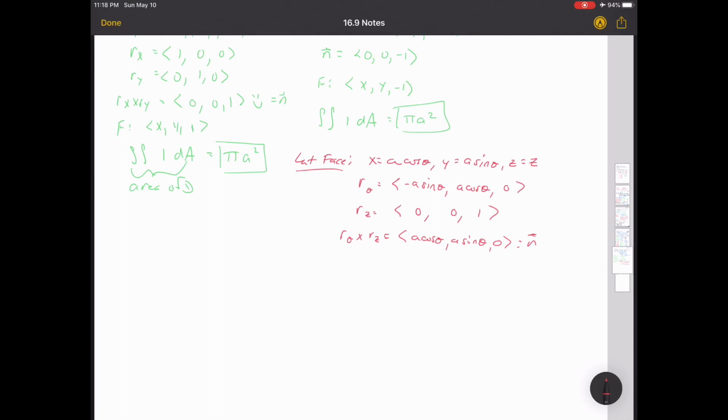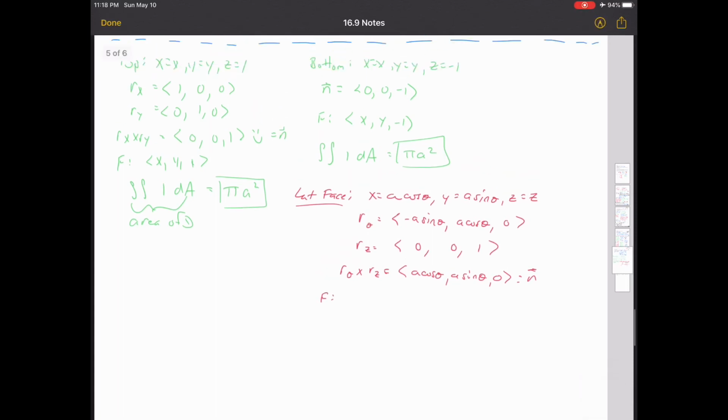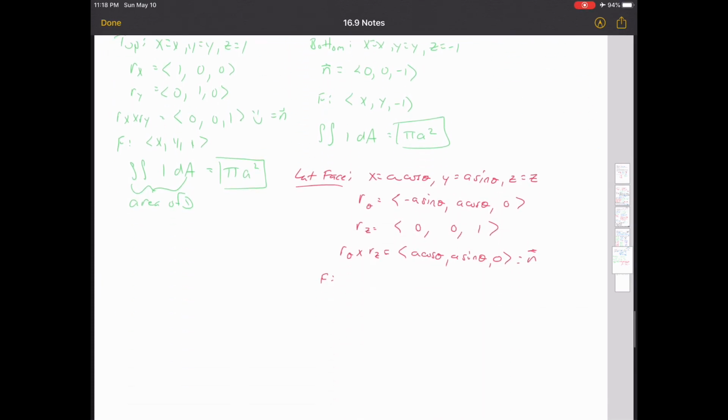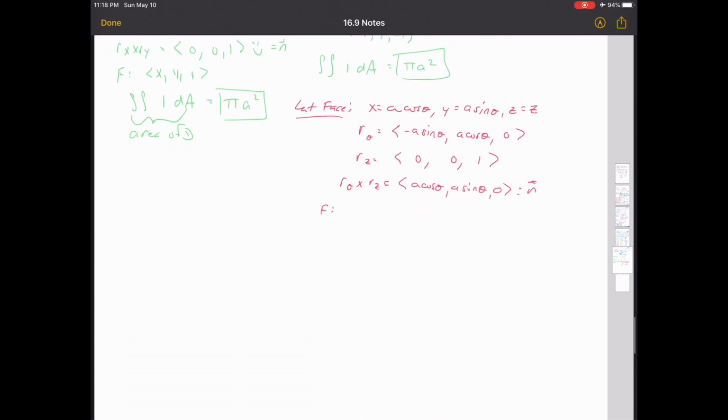Let's parameterize F. And again, I believe F was just XYZ, correct? Yes, F is just XYZ. So we're parameterizing F as a cosine theta, a sine theta, z.